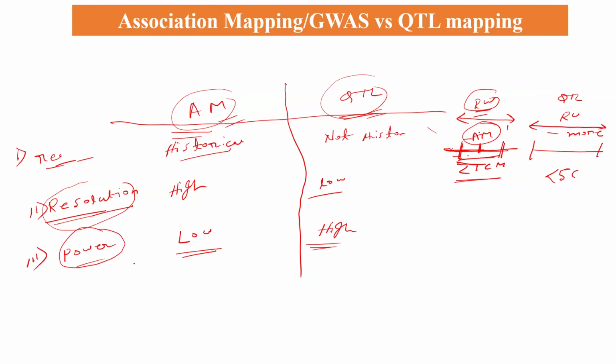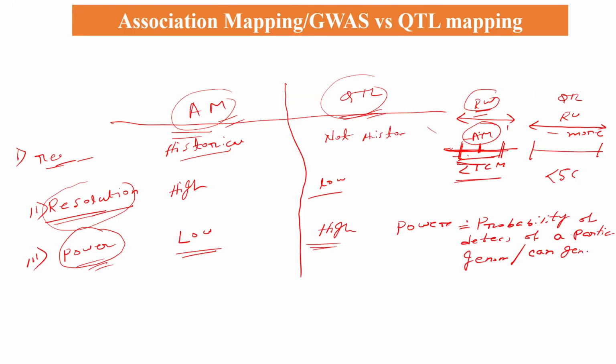Power is the probability of identification of the genomic region associated with a particular trait. So power is equal to the probability of detection of a particular genomic region, maybe a candidate gene or QTL.